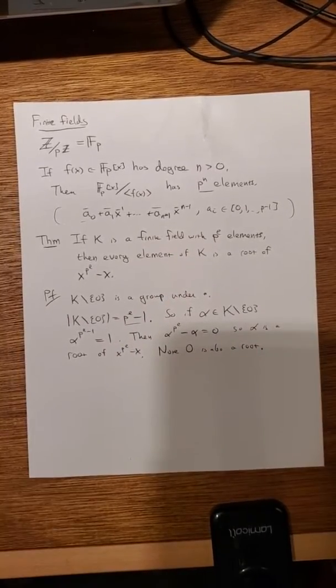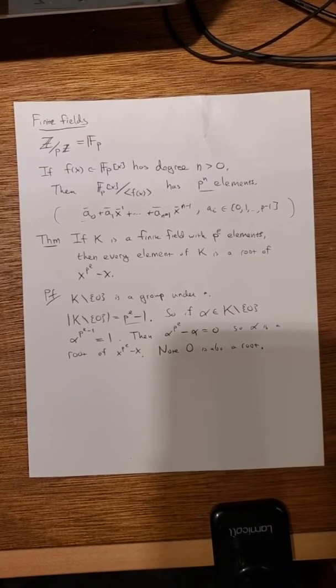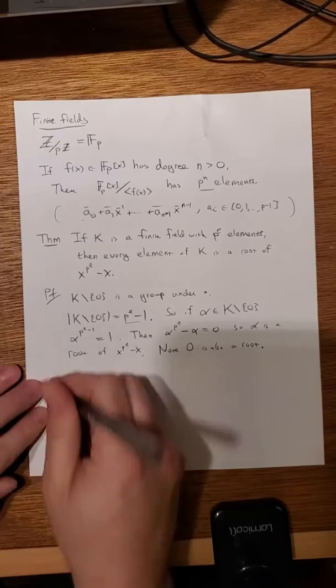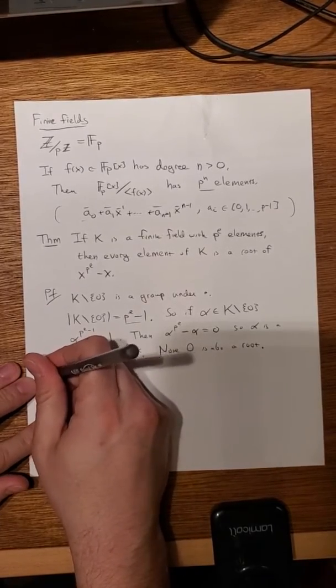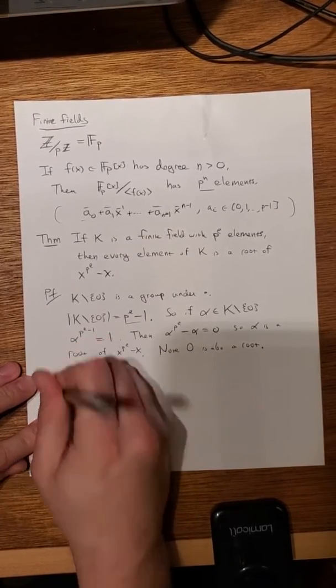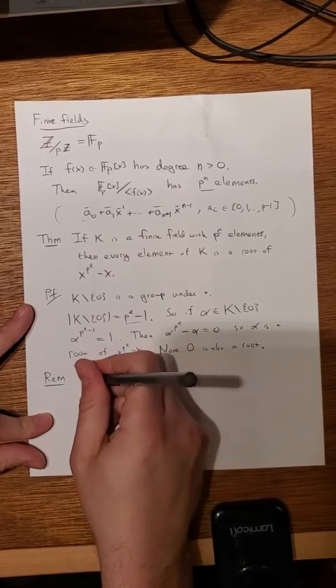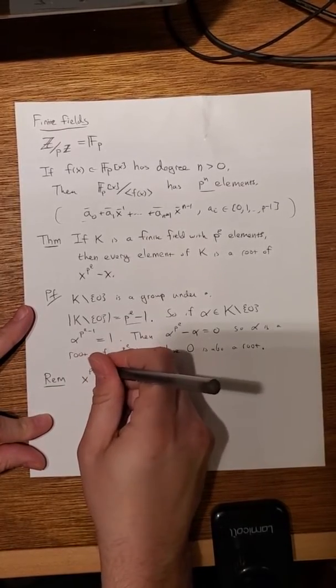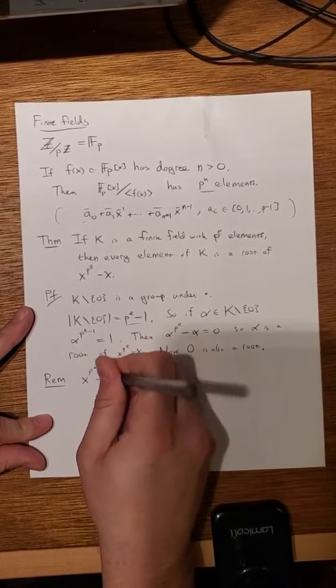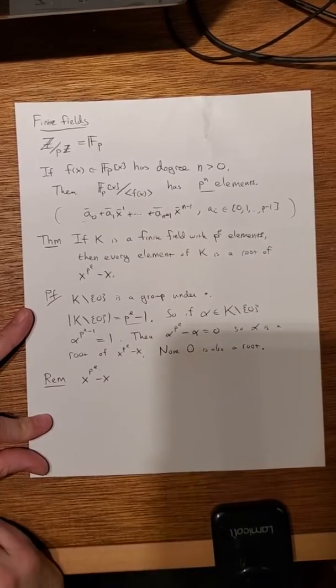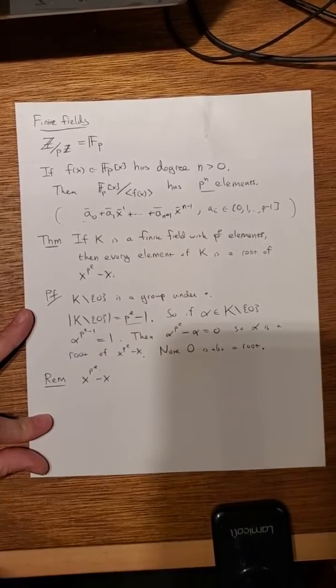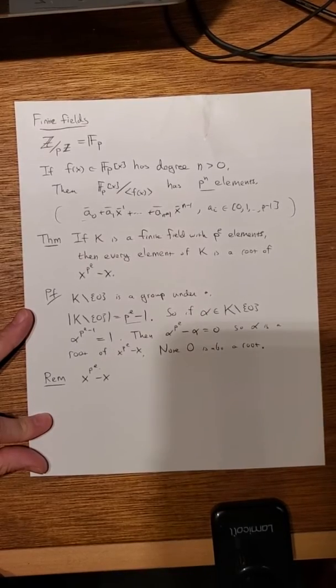Now, there's a couple things that we immediately get to say from this. So remark, x to the p to the e minus x. There are p to the e different elements in K, and each one of those is a root.